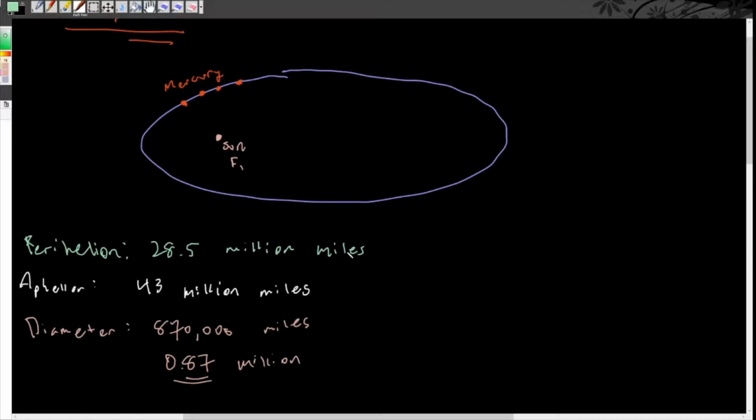The perihelion is this distance, and that's 28.5 units. And the aphelion is this distance, and that is 43 units.